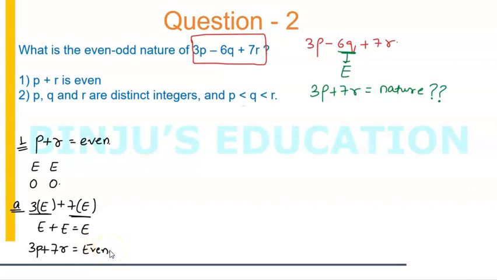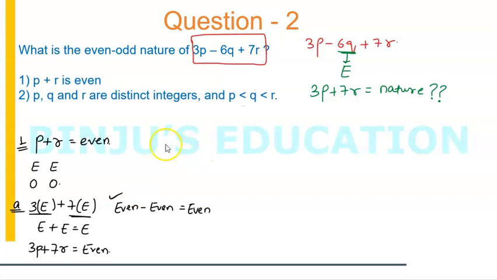And 6q being even, so this will simply become even minus even, because we have a negative sign in front of 6q, so that will simply be equal to even. That's your result.